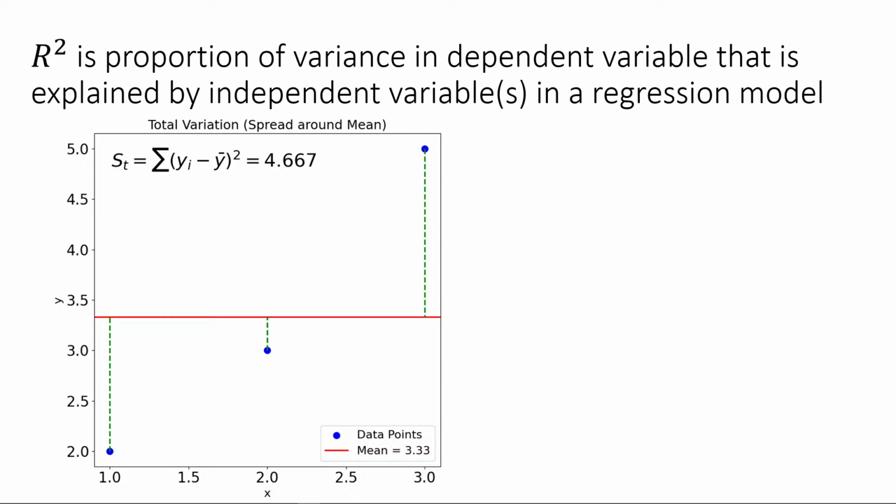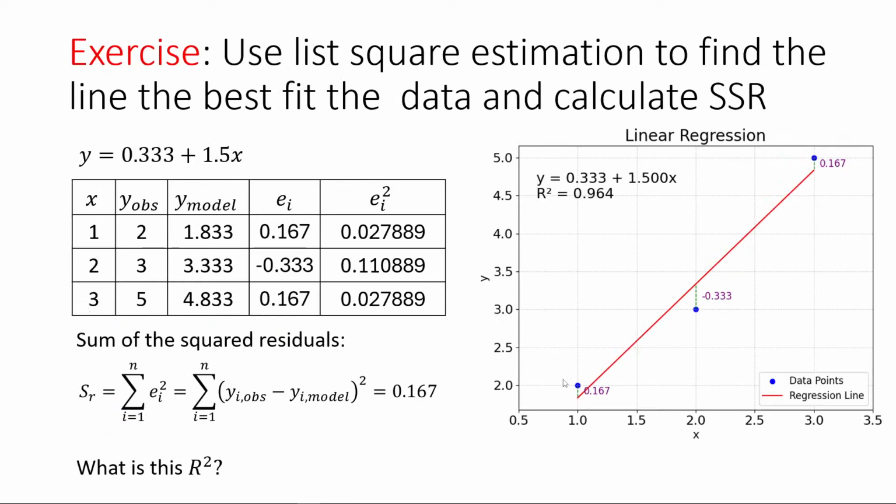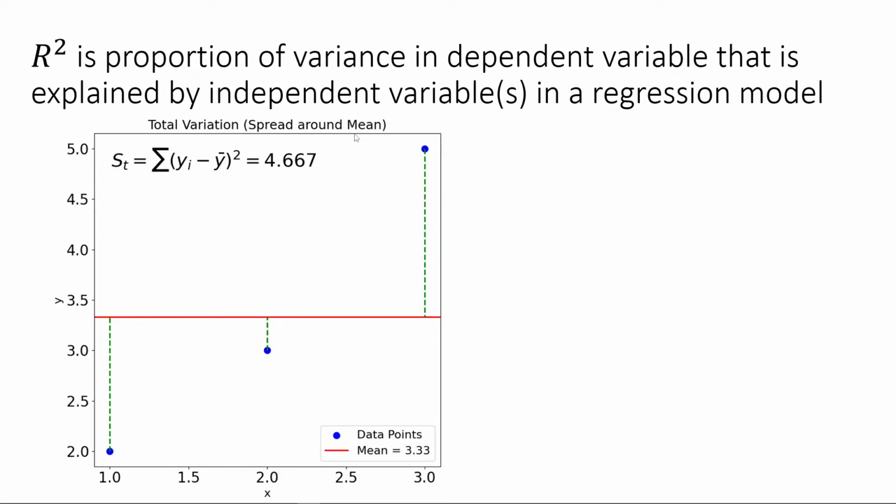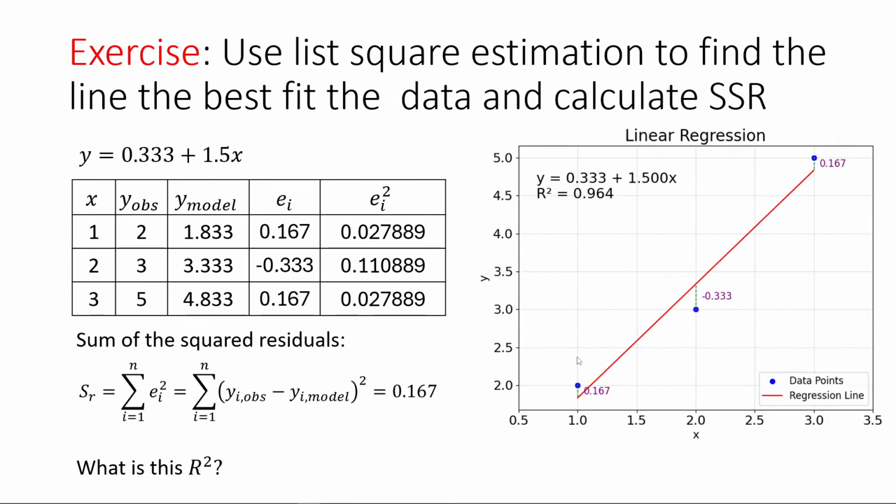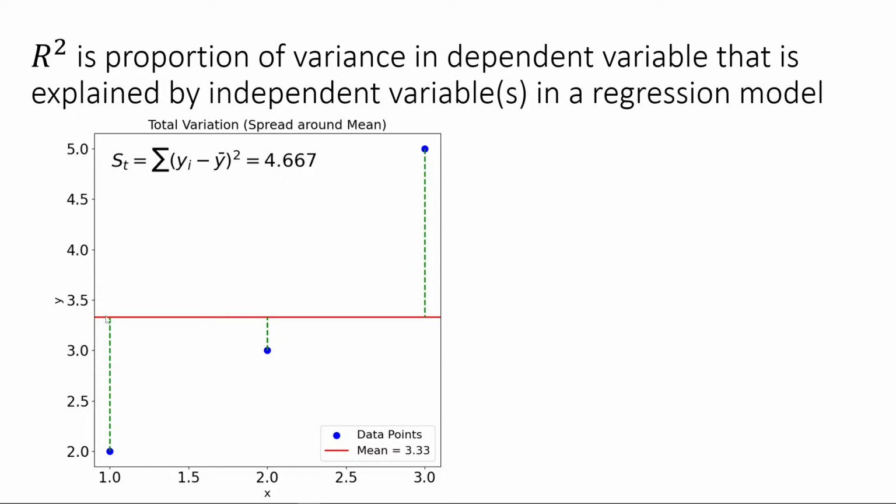So basically, to understand this R, let's look at something called the total variation, or the spread around the mean. Without taking this slope line here, I'm calculating this total variation. What is this total variation? This is like your R value, not with respect to your regression line, but just with respect to a line at the mean value, which is a line without a slope.